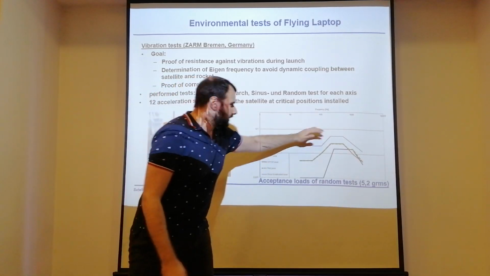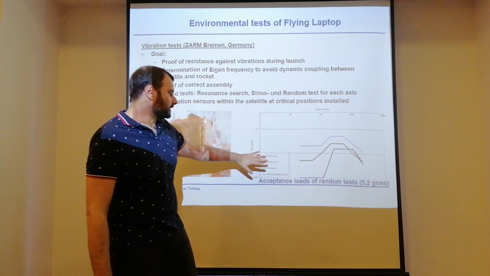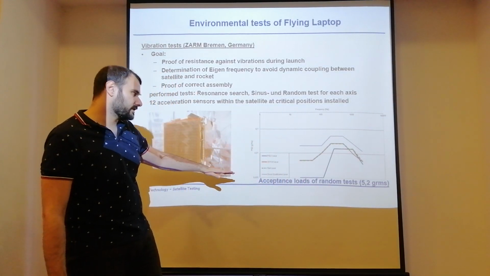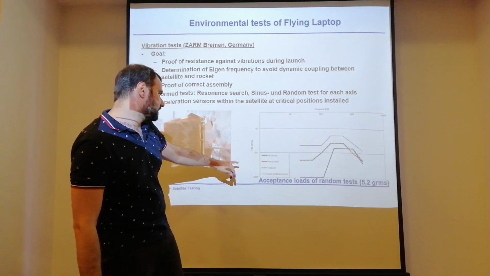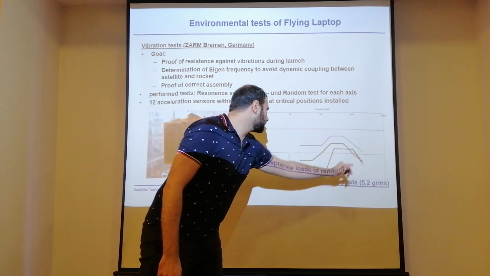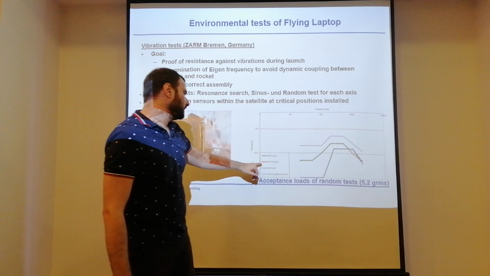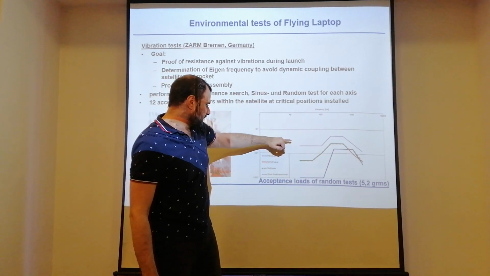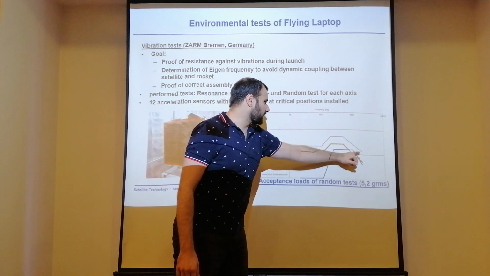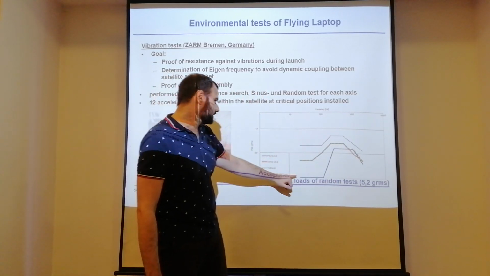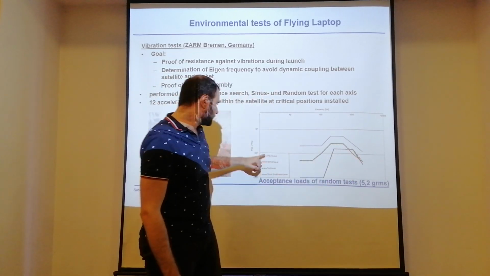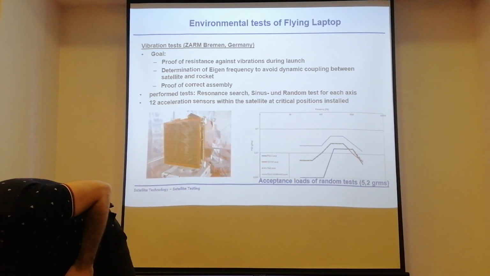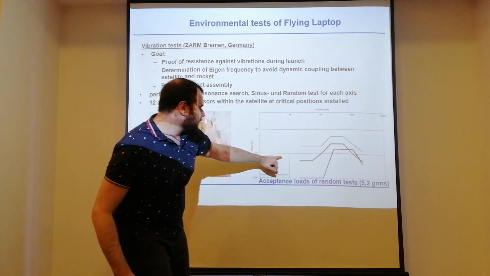Then you can get this graph with the acceptance load. This is the test level here, the green one, and the reply level, and those are the acceptance levels for different launches. This is for the PSLV, and the red one is for Soyuz.